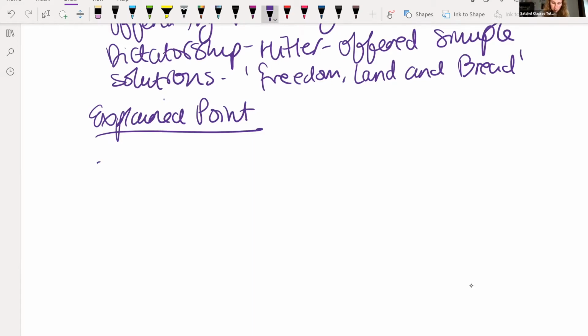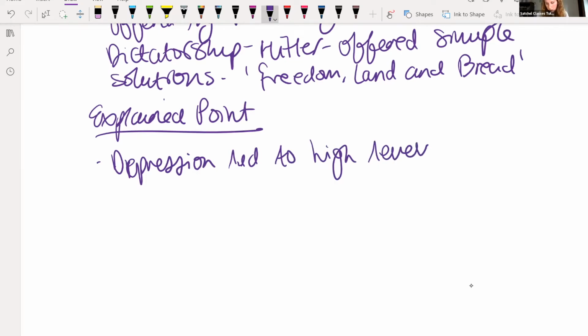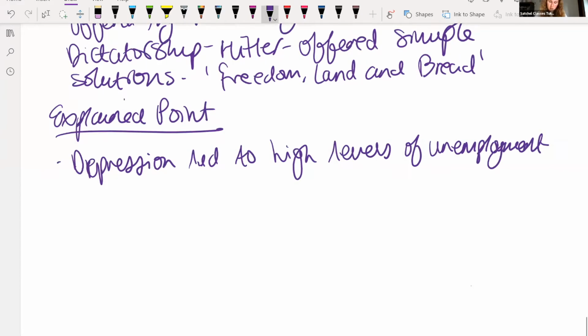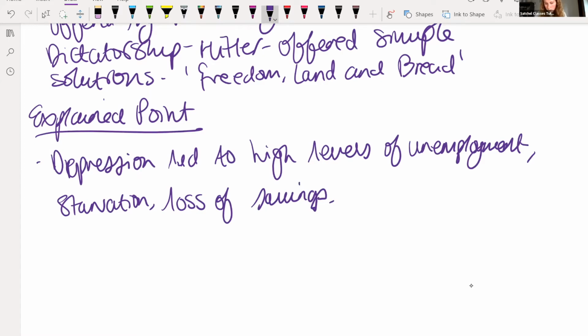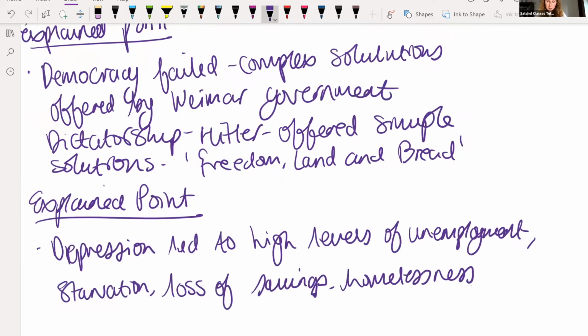So the depression, remember we're talking about how one event led to another, led to high levels of unemployment, starvation, loss of savings, homelessness, and you can use examples from the source.